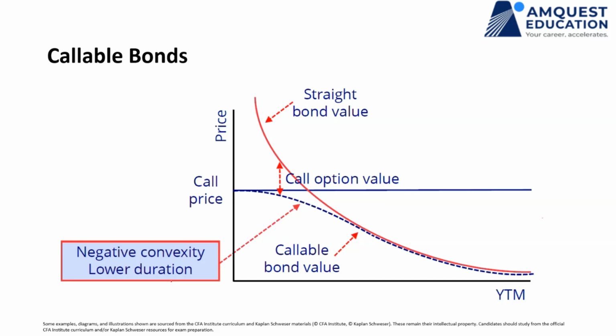The difference between the price of the normal bond and the price of the callable bond is your option value, call option value. So value of normal bonds or straight bonds minus value of callable bonds is the value of the call option.